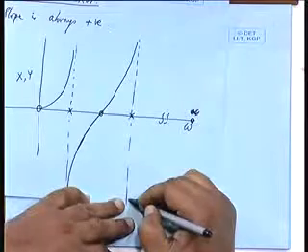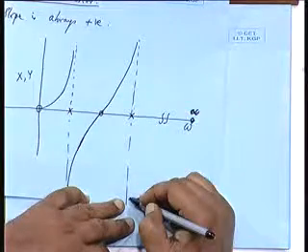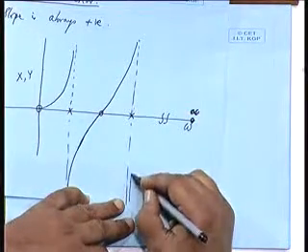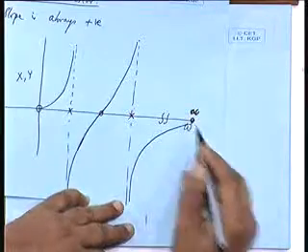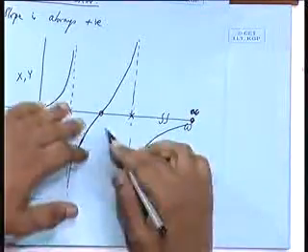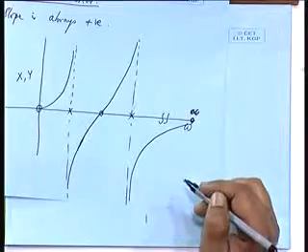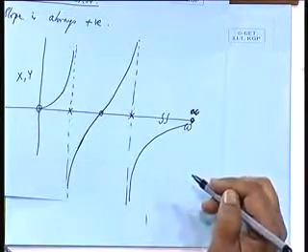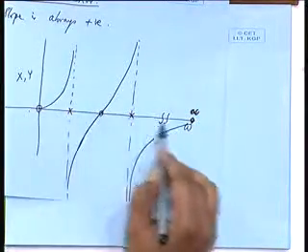Similarly, from this infinity to 0, it will asymptotically approach 0. This can be the possible X(omega) characteristics for a given set of pole-zero configuration.